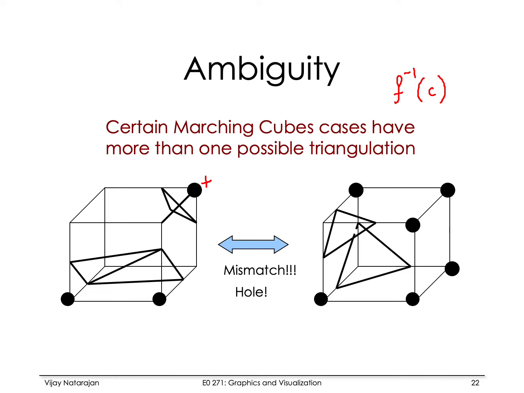The voxel on the right, let's assume it is adjacent to the voxel on the left, so they share a common face. The voxel on the right has 6 plus vertices and 2 minus, so its isosurface consists of 2 triangles. The 2 triangles come from the various plus minus edges due to these 2 minus vertices and these corners.